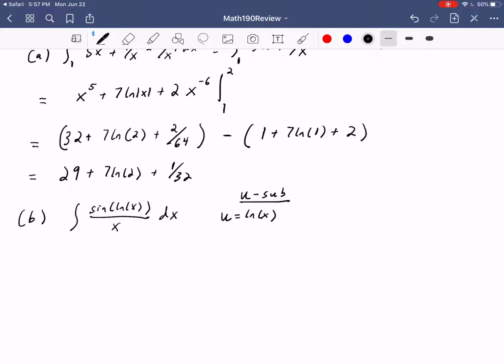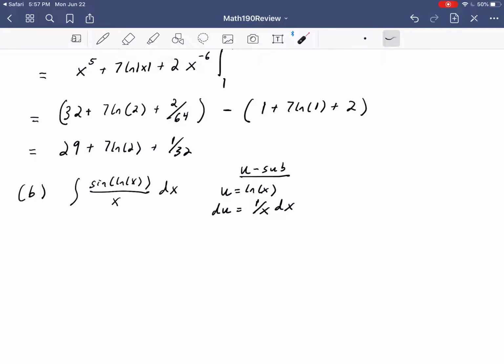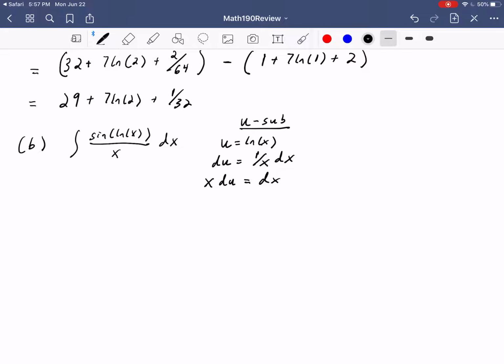So we can differentiate both sides here, and we get that du is 1 over x dx. Now, from here, people have a lot of different ways of doing it. Some people like to solve for dx and then plug in. I'll go ahead and just do that in this method because it is the most consistent method. So we can say x du is equal to dx, and then we can go ahead and plug in.